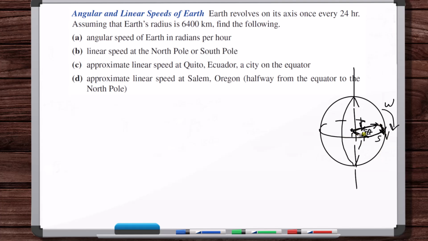So when you think about it from that perspective, we can view this as the uniform circular motion problem, everything we've learned in this section, with the variables v, s, omega, time, theta, etc. Okay, so the angular speed of Earth in radians per hour, what is omega? Well, what information does it give us? It gives us the radius of the Earth. So we know R.